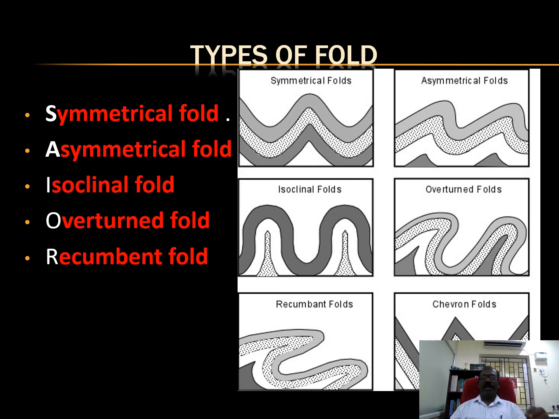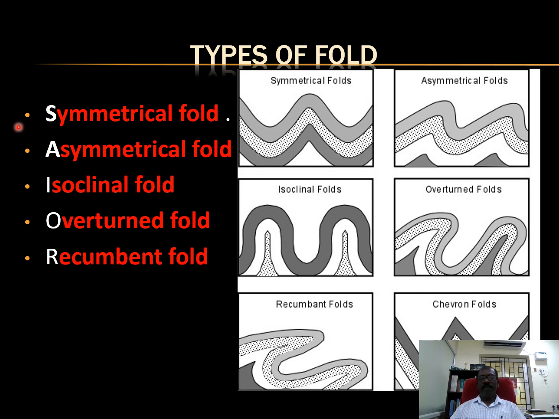There are different kinds of folds. A symmetrical fold is one in which the axial plane is vertical. That is a symmetrical fold. See, this axial plane is vertical. Asymmetrical fold: see, this axial plane is inclined, inclined or tilted.